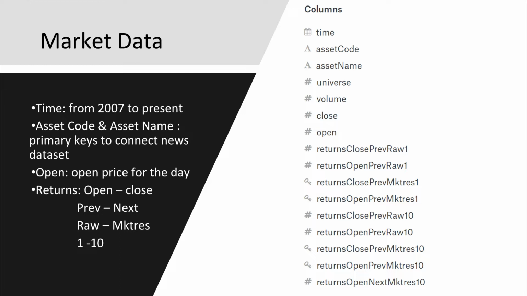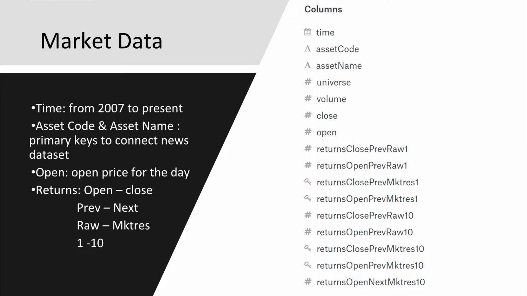If the variable contains the word open, the value is calculated from the open value. If it contains close, the return is calculated from the close value. If it contains prev, it is a comparison with previous market data. And if it contains next, the return is compared to future data.